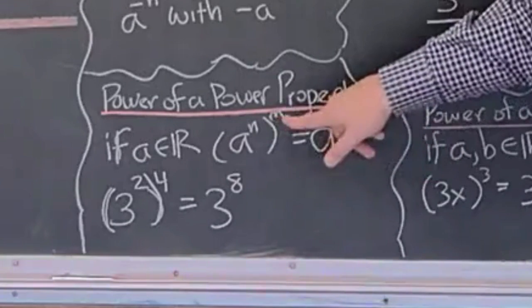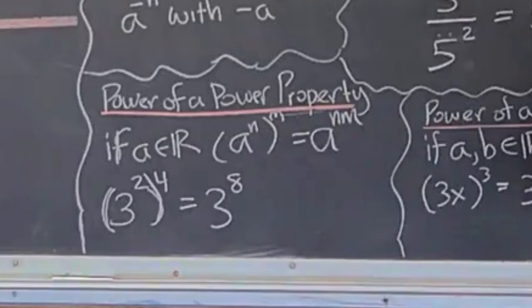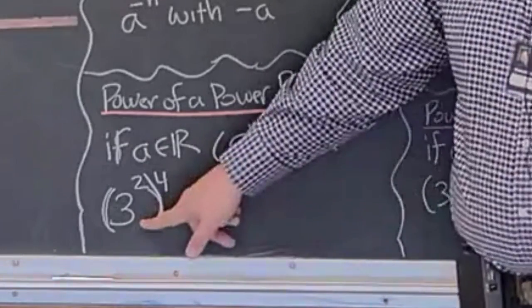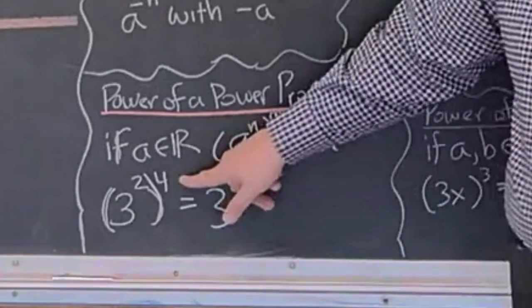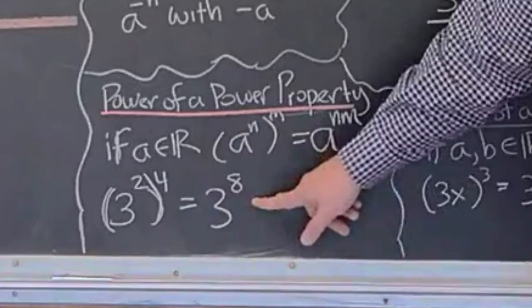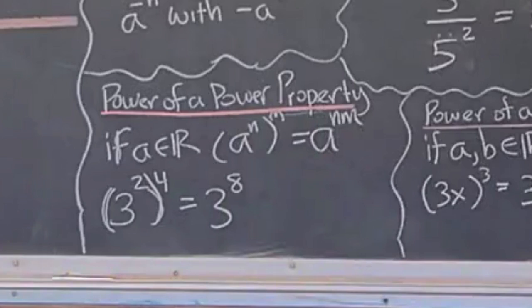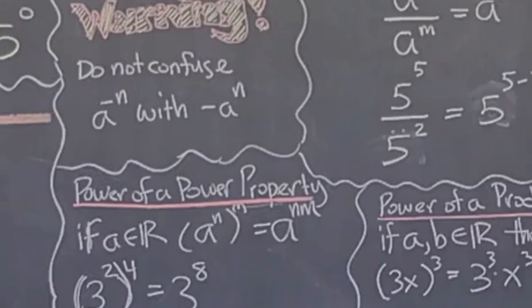So if I have a power to a power, I can multiply the powers. So here's 3 squared raised again to the 4th power. So 2 times 4 is 8. So it becomes 3 to the 8th power. All right, let's go ahead and look at the power of a quotient property.